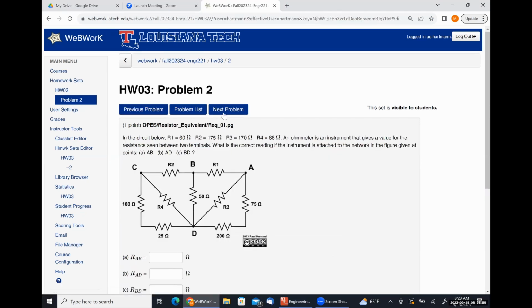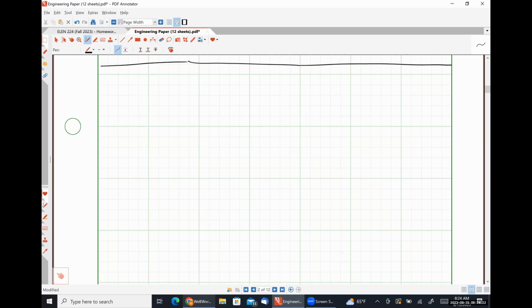So this is a fairly ugly looking network of resistances. And to me at least, it's not intuitively obvious what the equivalent resistance is going to look like between any particular set of terminals. So this will be a good problem to work, where I can show you how I deal with complicated resistor networks, okay? So let me draw this really quickly.